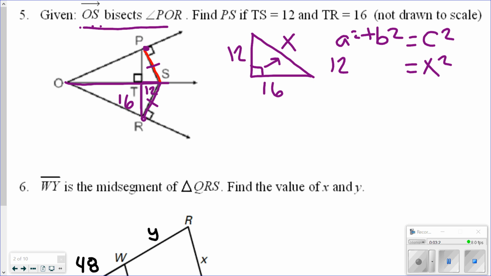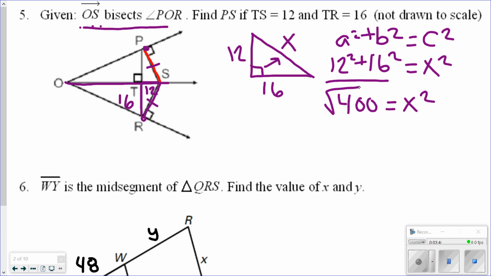So I'll do 12 squared plus 16 squared. Now I can just plug that into my calculator. 12 squared plus 16 squared equals 400, which is X squared. Now I don't care about X squared, I want to figure out what is X. So I need to take the square root of each side, and I end up getting that 20 is equal to X.